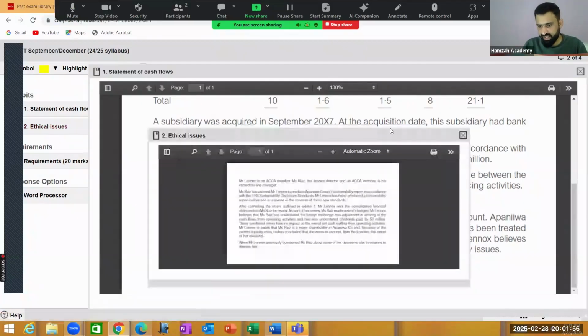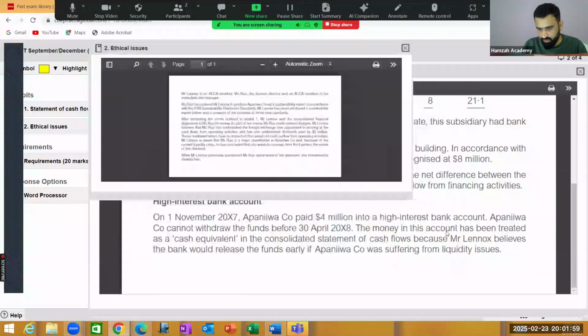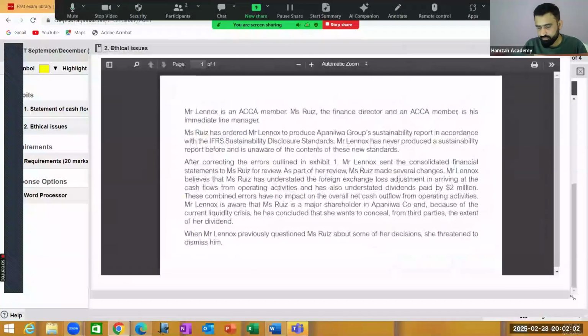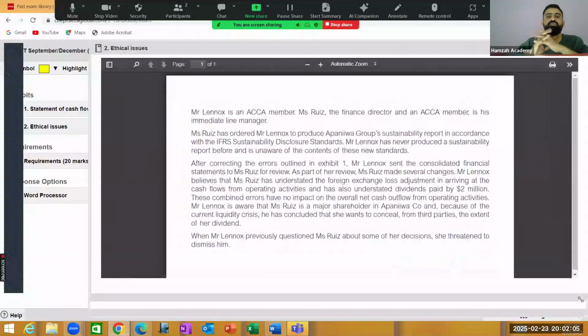Now, the second exhibit relates to the ethical issue. Now, dear students, just remember, being a professional accountant, it is our professional duty that we should act with integrity, objectivity, professional competence, due care, confidentiality, and we should show professional behavior in our professional life.